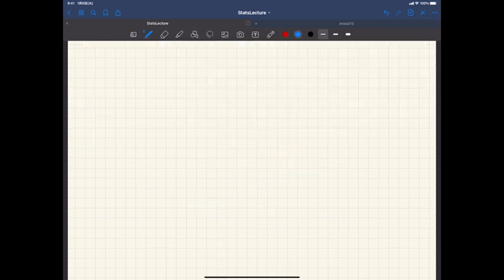Let's summarize the difference between the frequentist approach and the Bayesian approach again. In the frequentist approach, we put up a hypothesis, and based on the hypothesis, we calculate the likelihood of the observation.